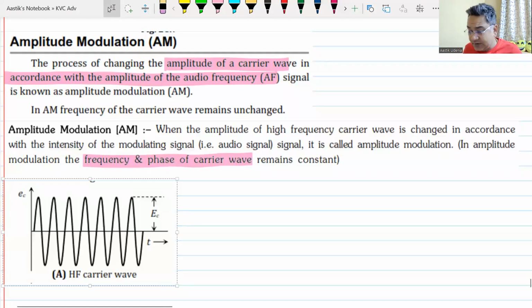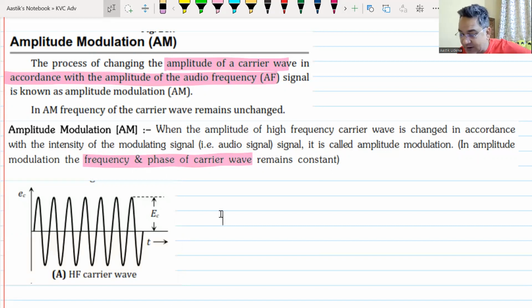The first one is your high frequency carrier wave. You can see the frequency is very high. EC is the amplitude of this carrier wave. Do we see this? Yes, sir.